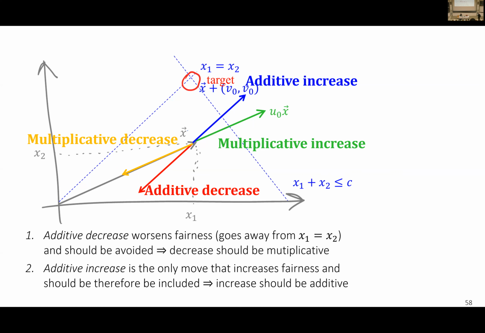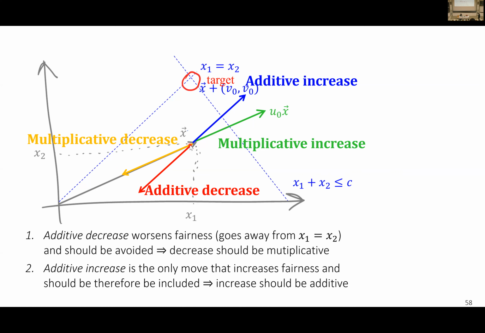Now, remember, we are starting here, probably things are random, we're trying to get there, and we're like a robot that tries to get there, but the situations keep changing. Which moves should we do? When we have to increase, the green and the blue both bring us closer to Pareto efficiency, but the green does not bring us closer to this point.